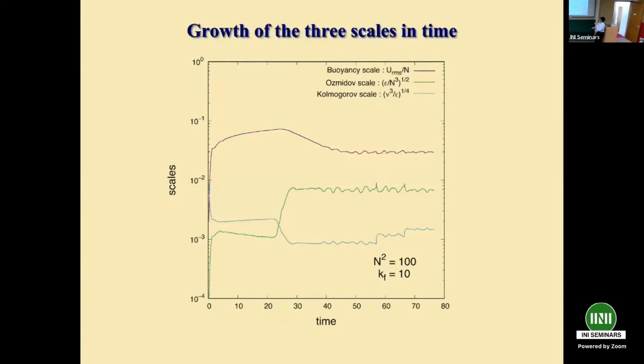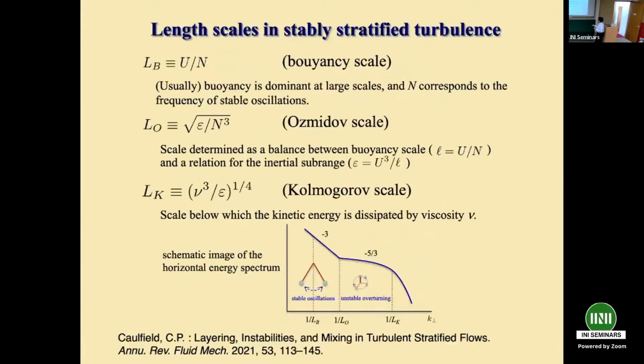So for stratified turbulence, this -5/3 is a forward cascade, not the inverse cascade. Structure of the transfer. Good question. I think so. That's a very good point. And changing 2D to 3D. Right. Yes, I agree. Thank you.